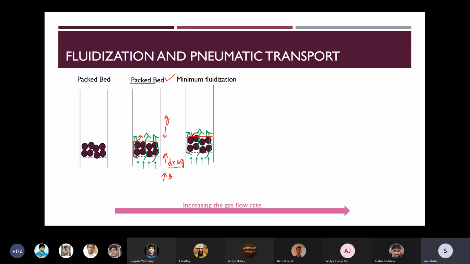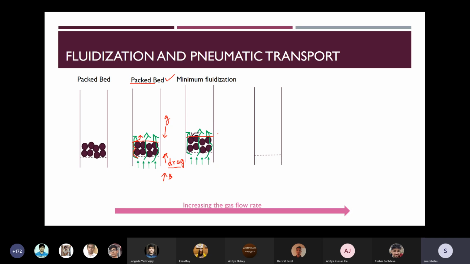There will be a very slight increase, so we can assume it to be the same. The void fraction at minimum fluidization is the same as the packed bed condition. So whatever conditions are there in the packed bed will be the same at minimum fluidization, but the particles are about to rise.